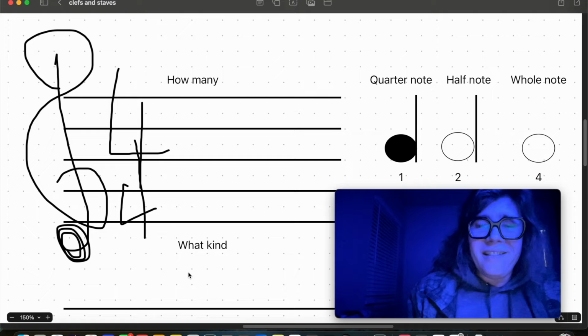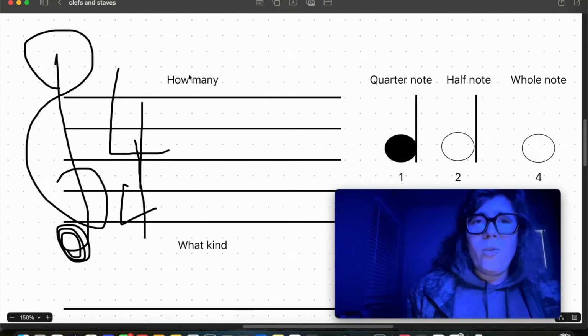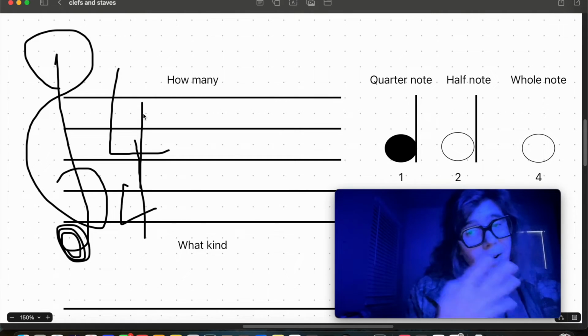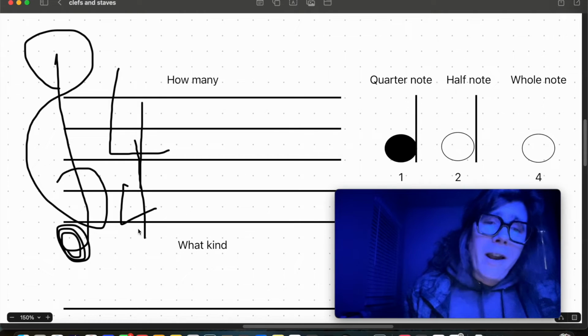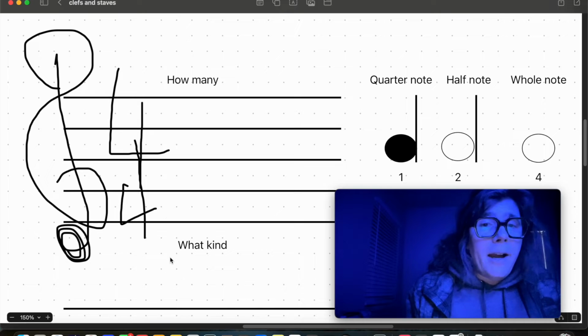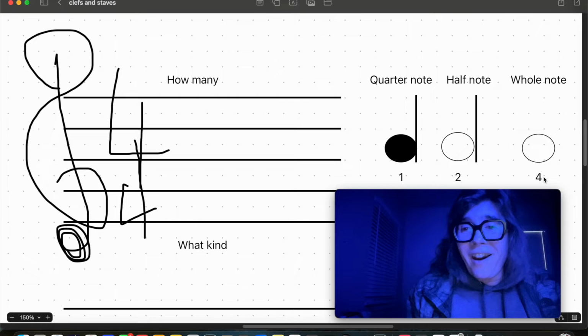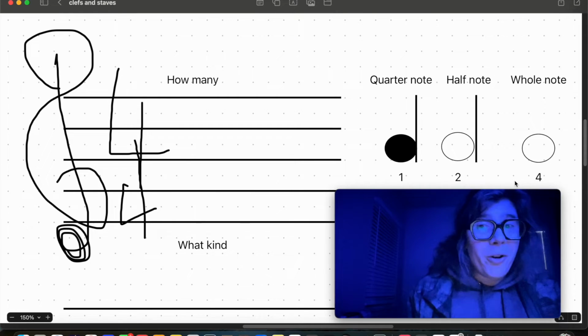Well, what do I mean? So, how many? Just the number 4. Keep that in your mind. Four of something. We're going to have 4 of something, and then the what kind down here. I wouldn't blame you if you saw the 4 and thought, oh, there's a 4 over there.